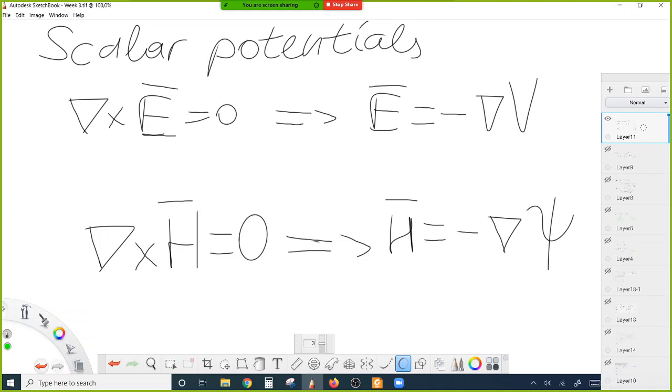Okay, this is the magnetic scalar potential.